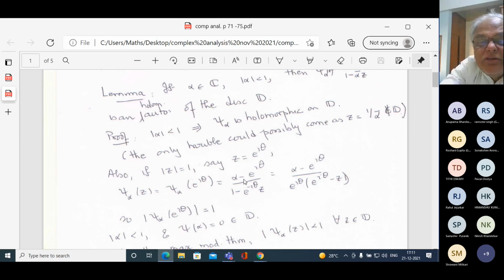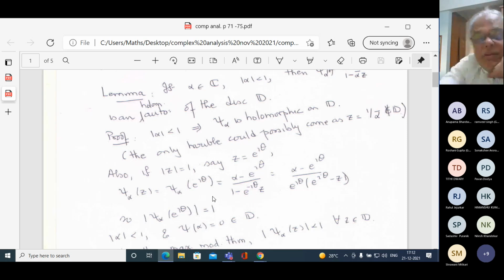So I should get alpha minus e raised to i theta over alpha bar e raised to i theta minus 1. So I've made some goof up here, so please correct it. Alpha is there, so there should be an alpha instead of a z. This z should be an alpha. That's a mistake I've made.